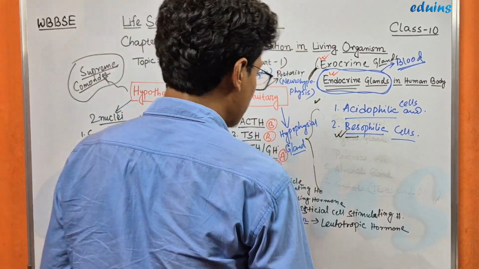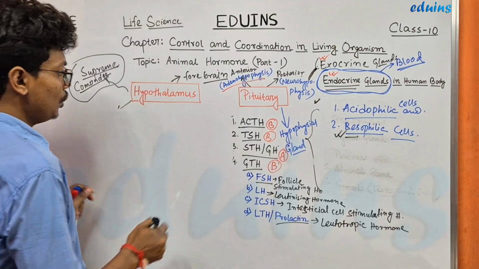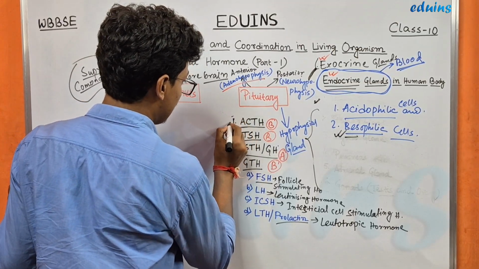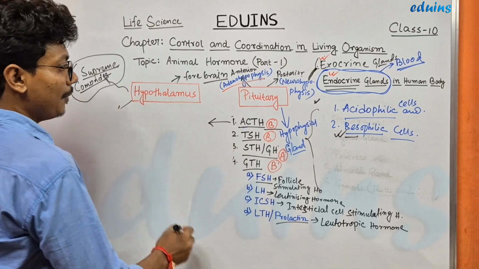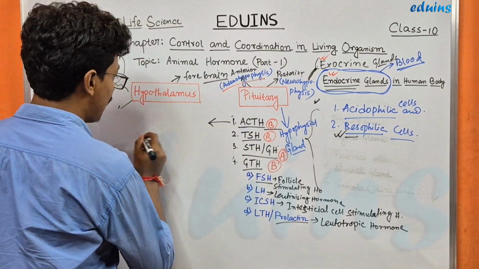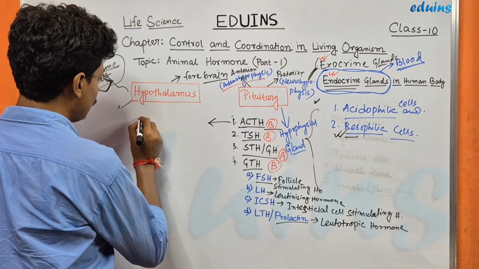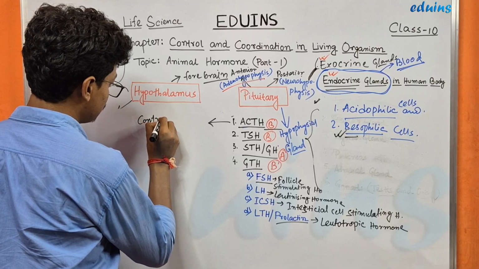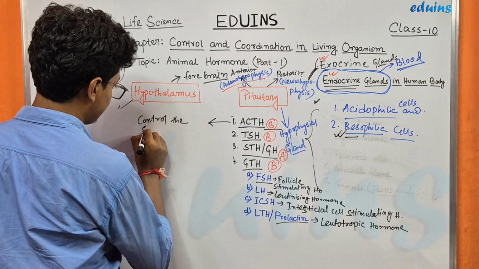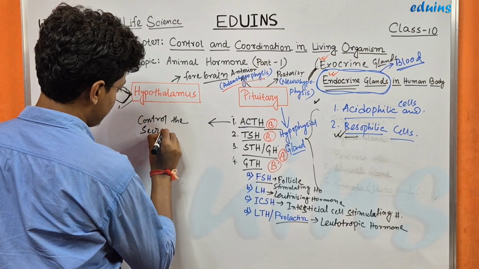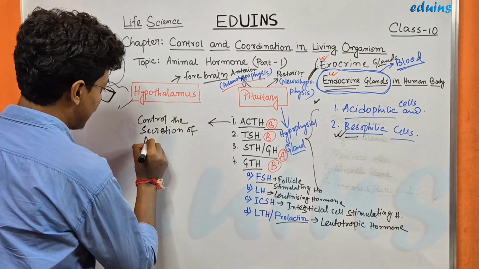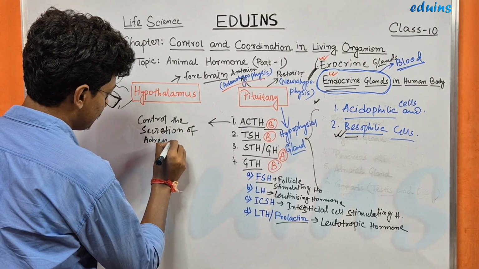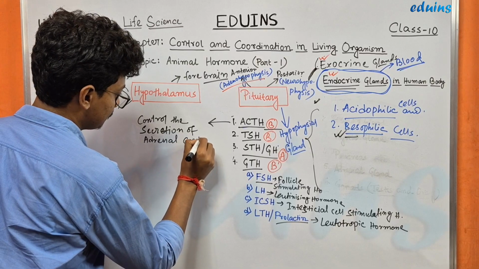So what are the functions of these hormones? The first one is the ACTH, which is released from the basophilic cell, and the function is mainly to control the secretion of the adrenal cortex.